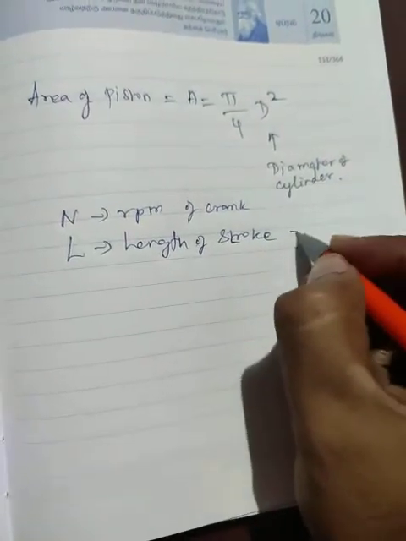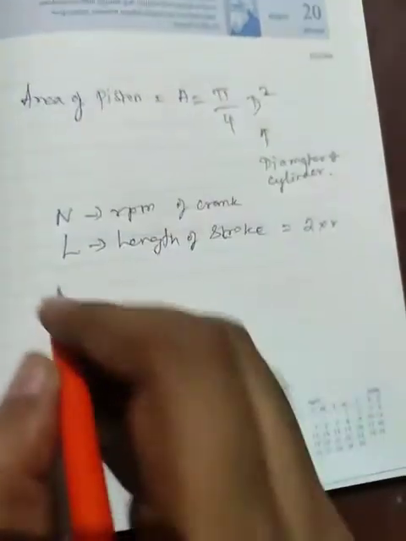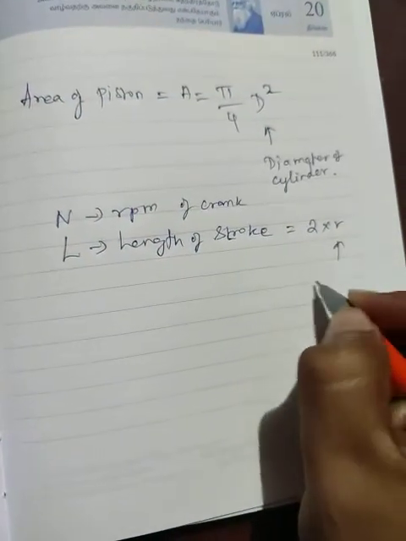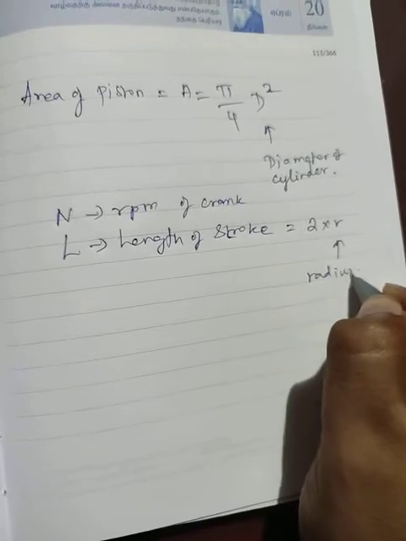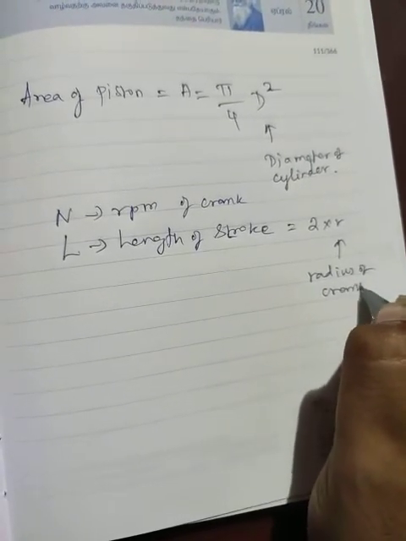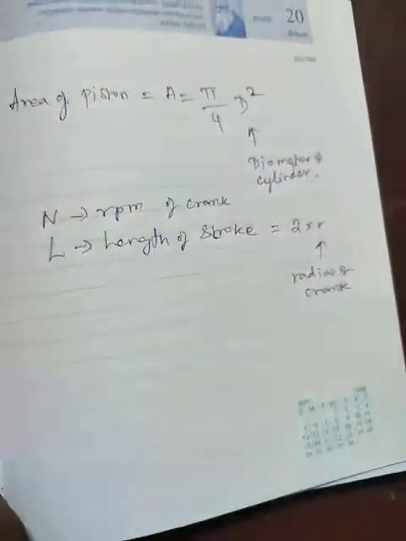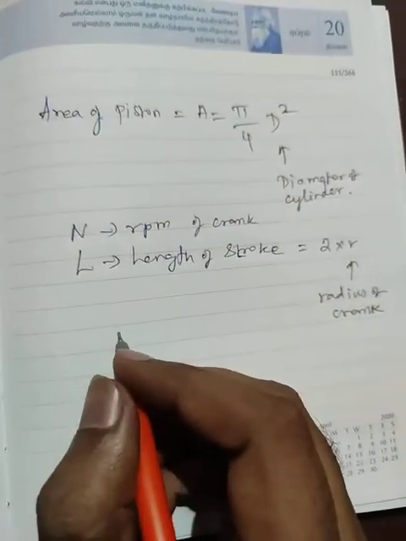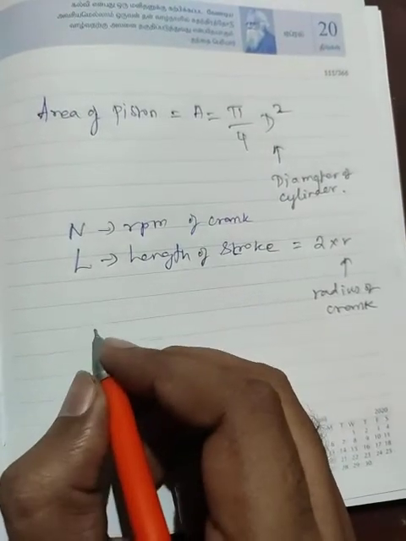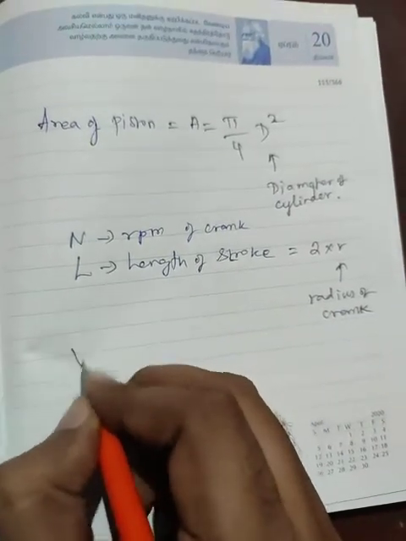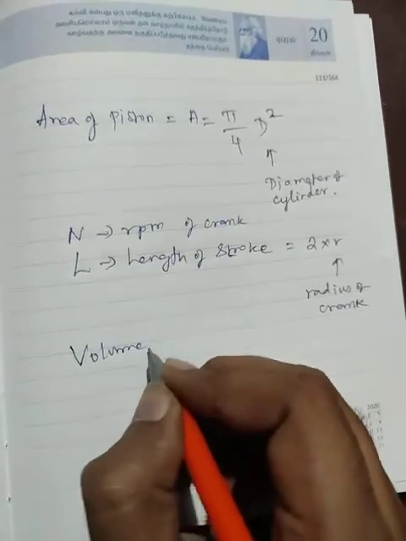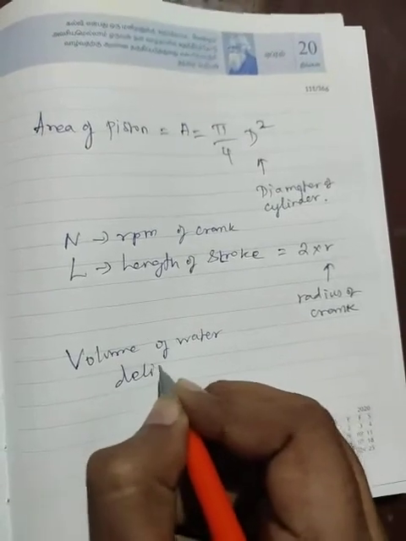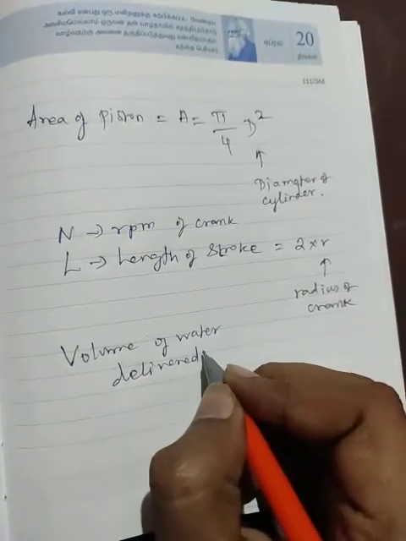by multiplying area into length. The length of the stroke is twice the radius of the crank. So L will be equal to 2 into R. So the volume of the water for one revolution will be equal to area into length.